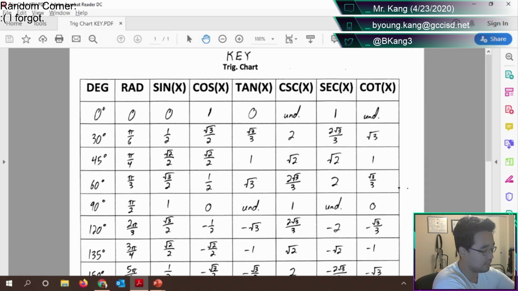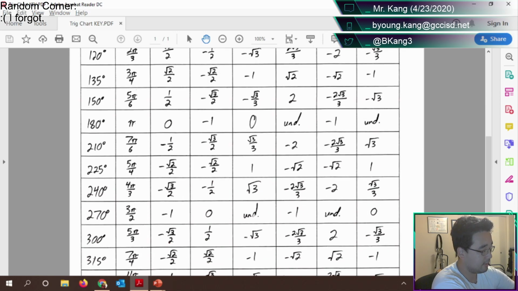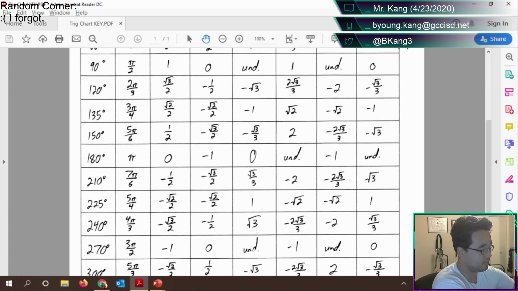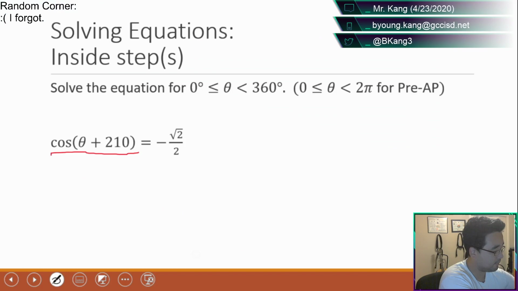Where is cosine equal to -√2/2? Well, 135 and 225, right? So 135, 225. Except now this 210 is still here.